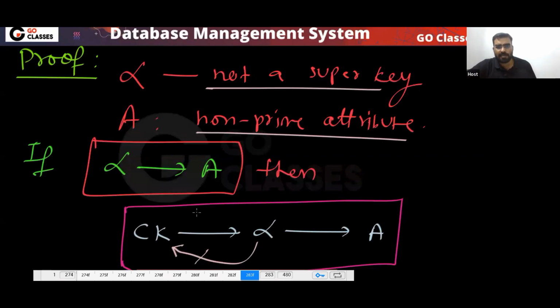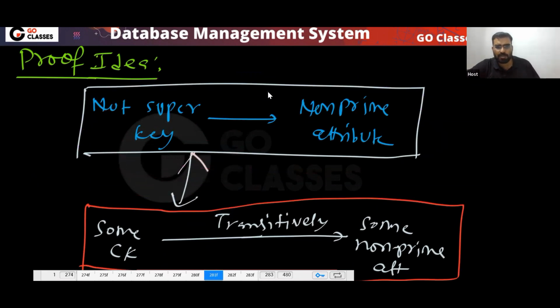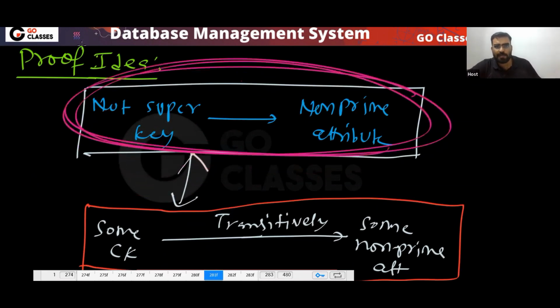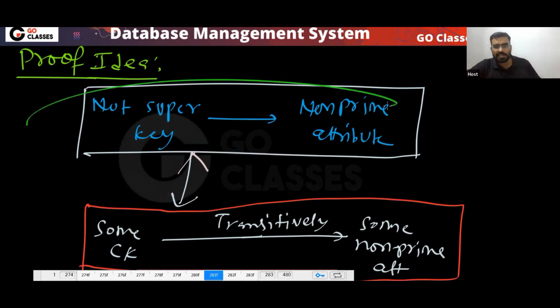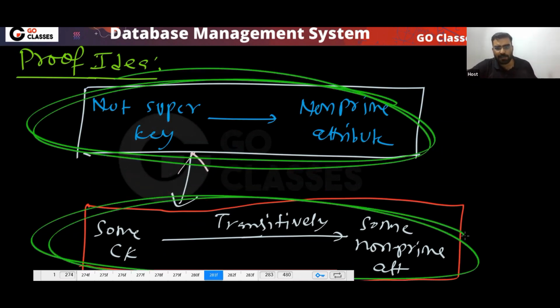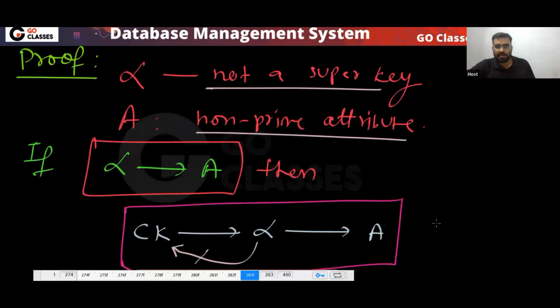Is this proof clear? Did you understand this proof? Very simple. If you have this type of situation where not a super key implies non-prime attribute, then you can create this type of transitive dependency: CK to A. Yes or no?